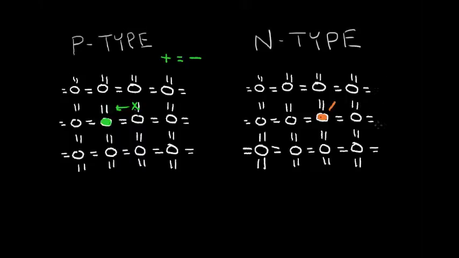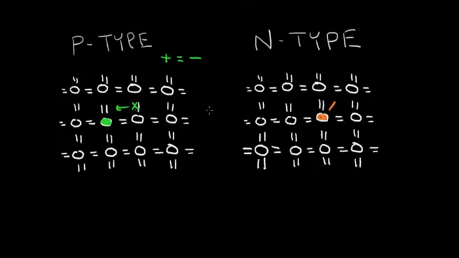Now if I apply a voltage across this n-type region, these electrons can move around as a result of applying that voltage. So I want to represent this p-type region and this n-type region with a symbol, because I want to put these regions together and show you how a p-n junction diode works.